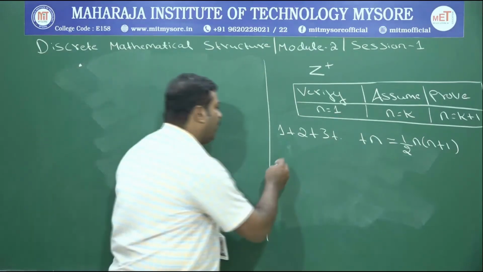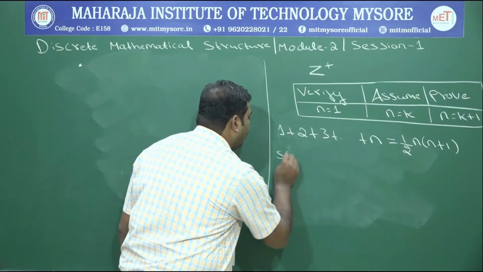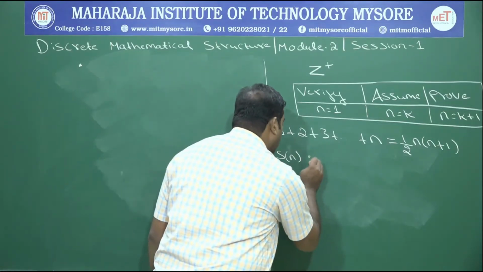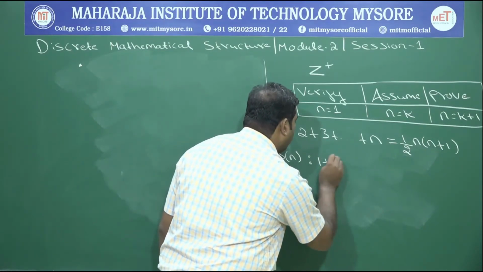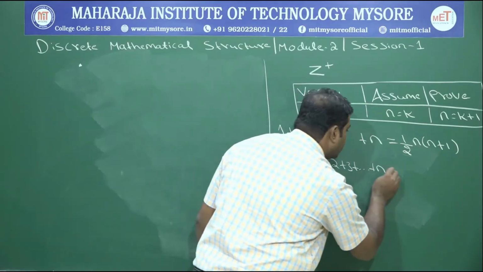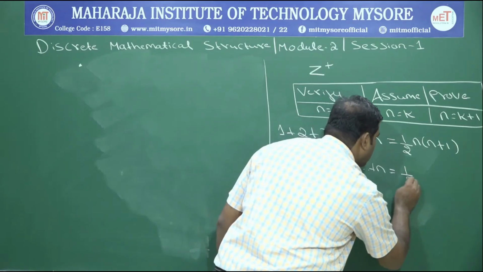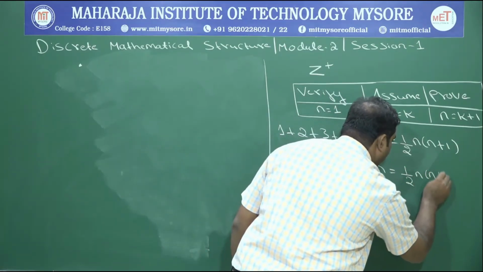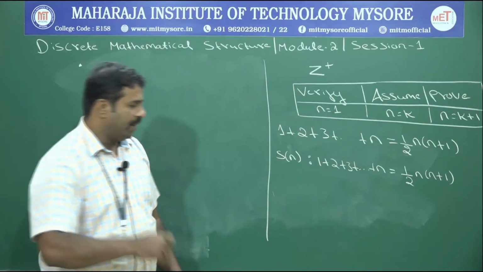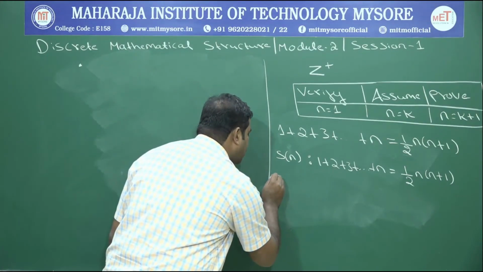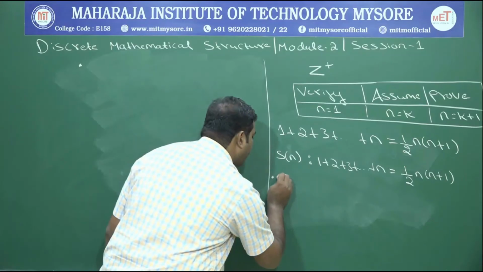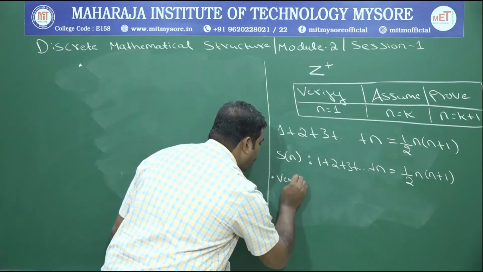The very first step is I am going to put this as an open statement S of n: 1 plus 2 plus 3 plus so on plus n is equivalent to 1 by 2 into n into n plus 1. Now this is the open statement, and the first condition I need to verify is for S1.